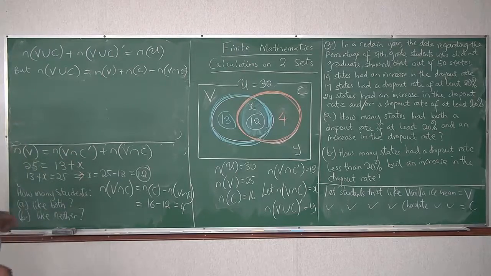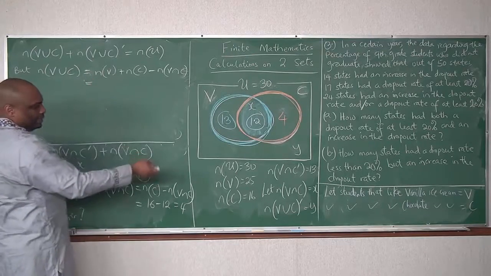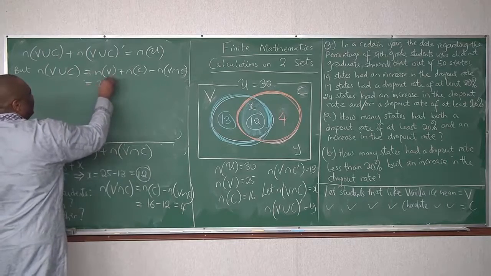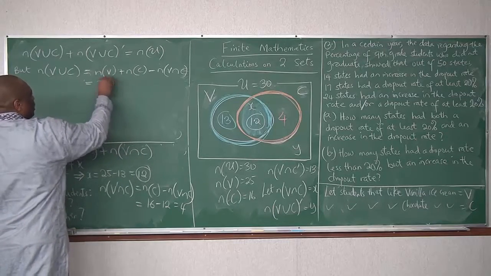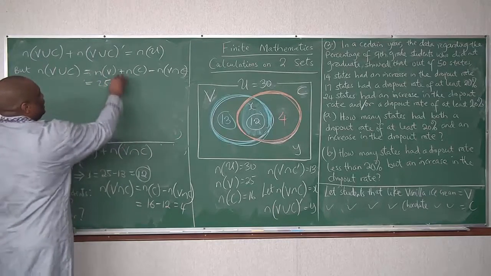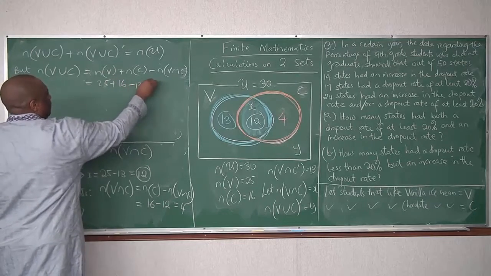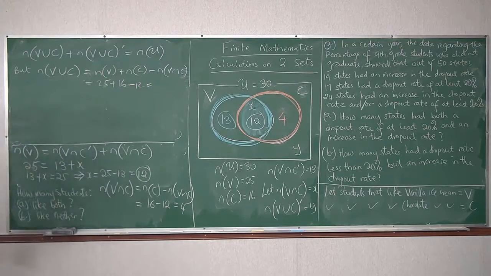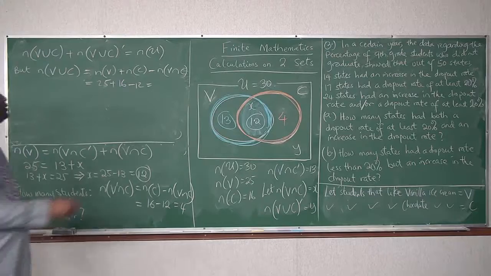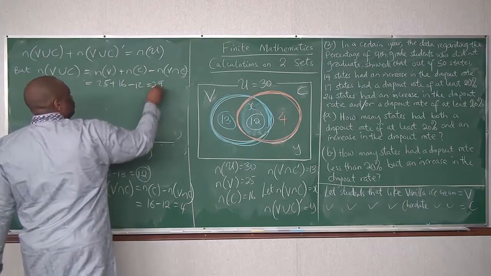Or you can still do it this way. This is 25 plus 16 minus 12, right? 25 plus 16 gives you what? 41. 41 minus 12 gives you what? 11 minus 2 is 9, and 3 minus 1, 2, 29.